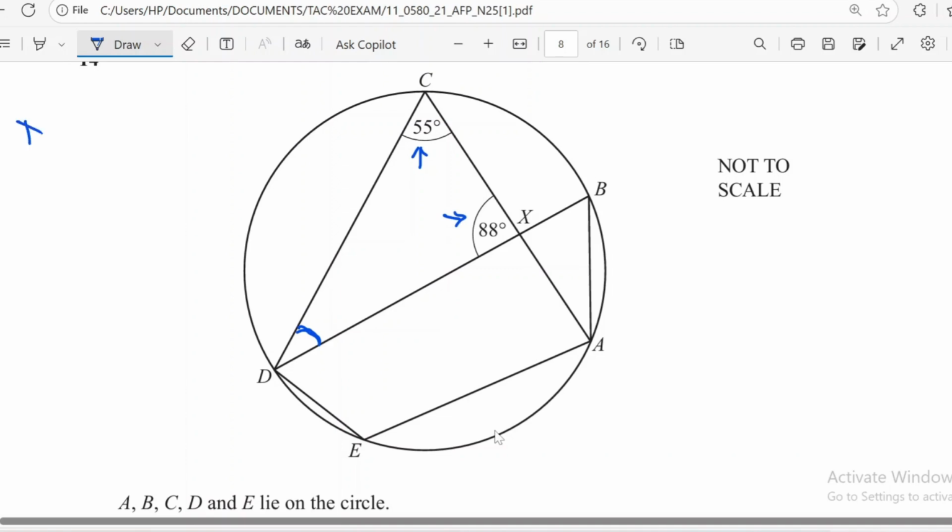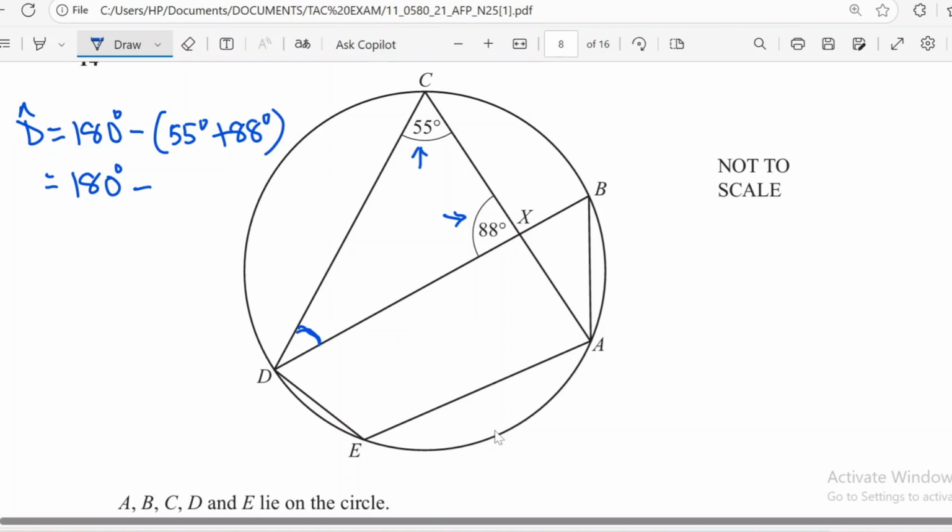We are going to say angle D equals 180 degrees, which is the sum of angles in a triangle, minus 55 degrees plus 88 degrees. So this gives 180 degrees minus, if we add up these two, remember this is non-calculator, so adding up manually, 50 plus 80 is 130, then 5 plus 8 is 13.